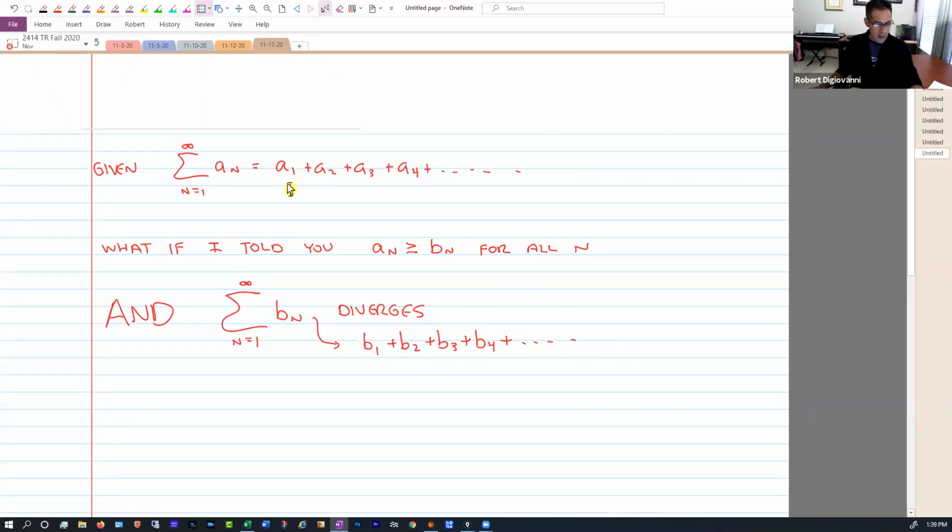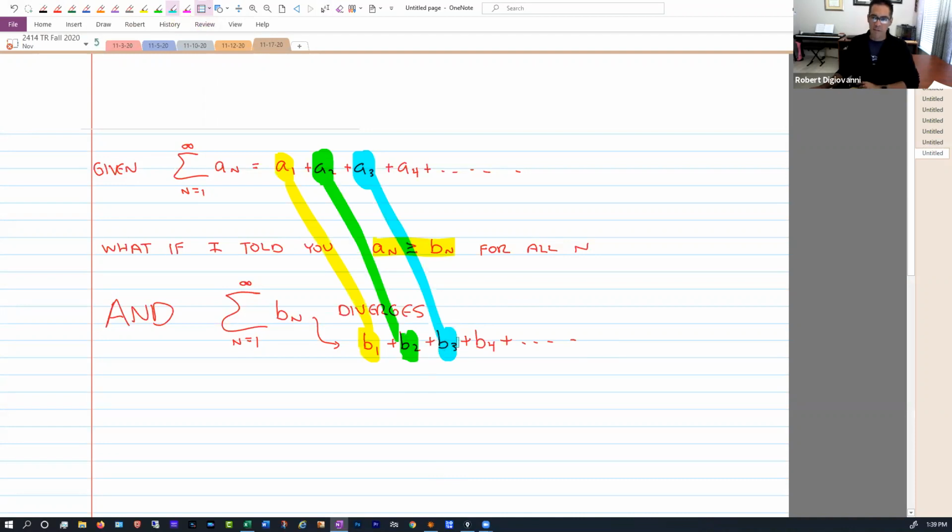If a sub 1 is bigger than b sub 1, because that's what this says, and a sub 2 is bigger than b sub 2, and a sub 3 is bigger than b sub 3, and all of these add up to something divergent, becoming infinite, then what can you tell me about this?